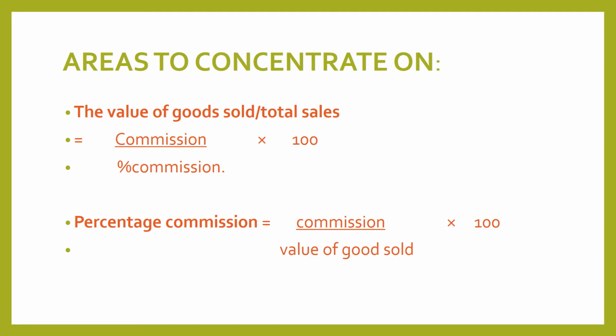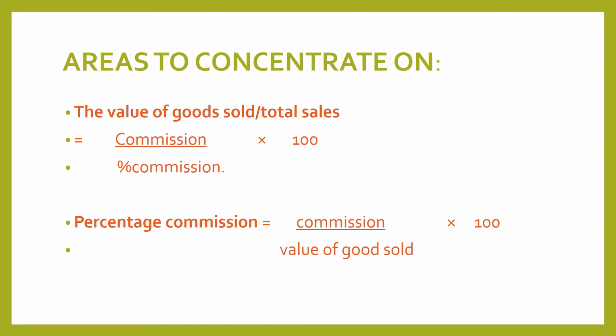Today we want to finalize it, and these are the two areas we are going to concentrate on: how to find the value of goods sold and how to find the percentage commission. These two areas are very important for us today.